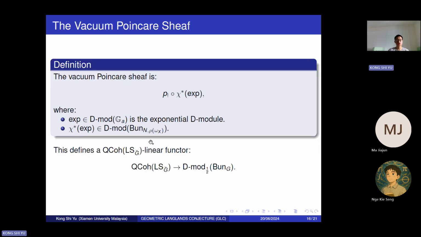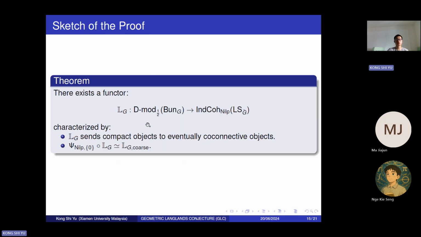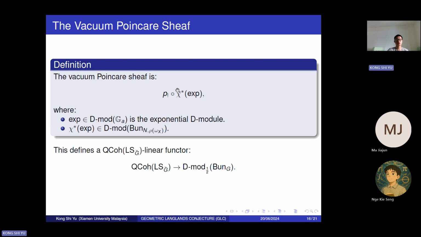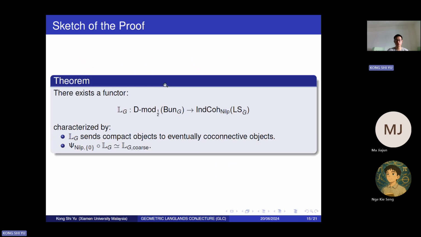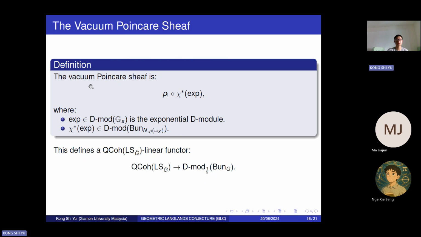The first step they do is to study the object in the D-module category. The object in this D-module category is named the vacuum Poincaré sheaf, and is defined as follows. To unravel all this definition is quite difficult for me, so I only pick some of the main points.